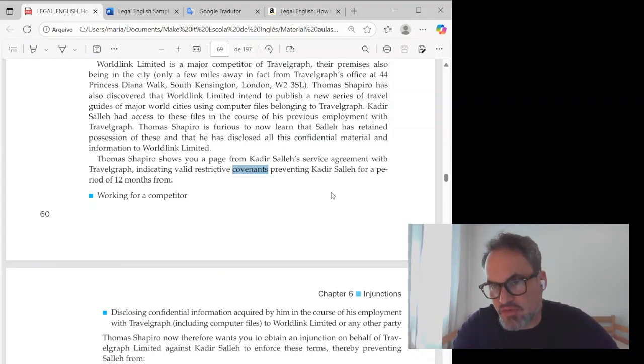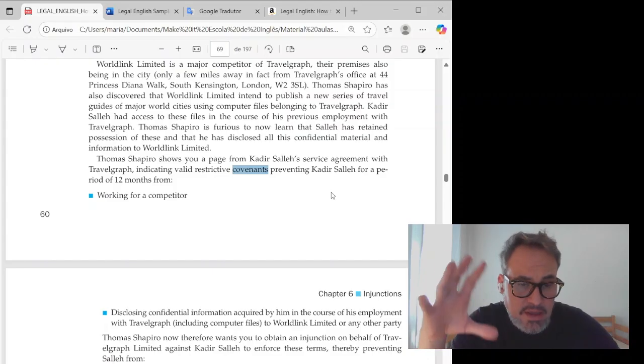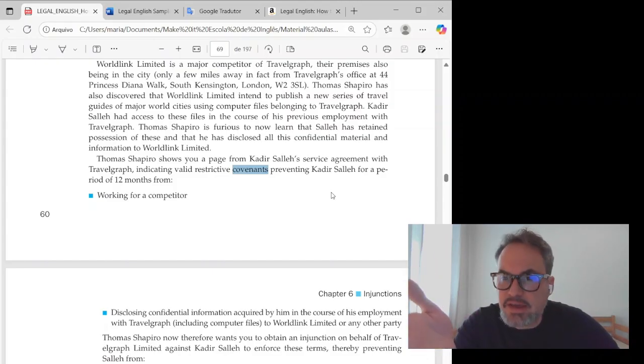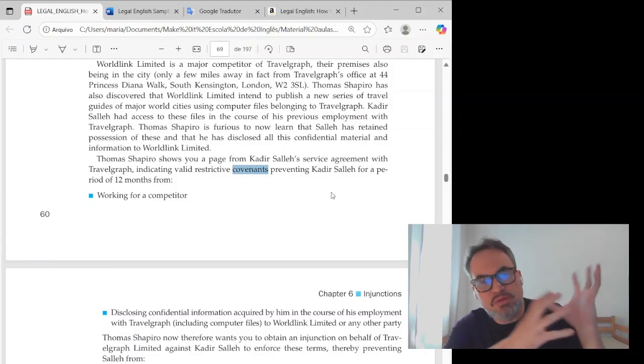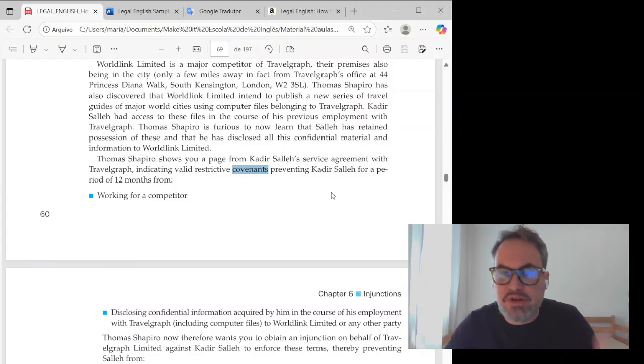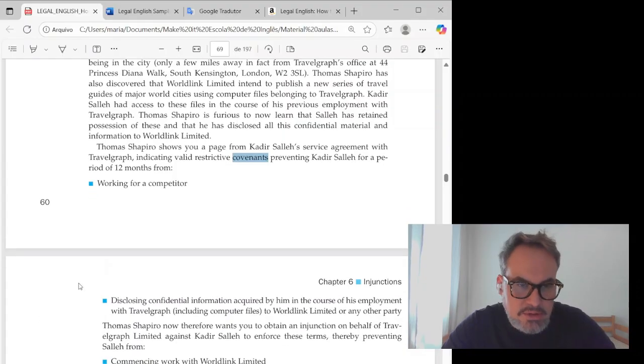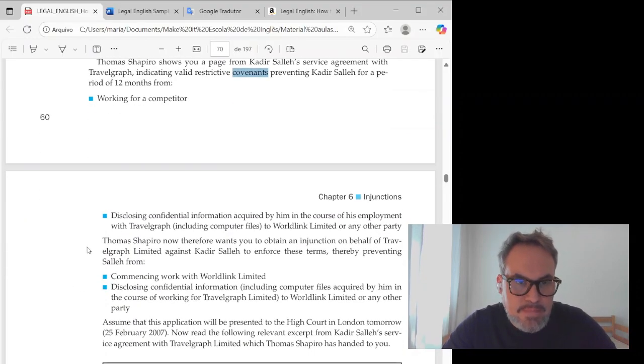For a period of 12 months after working for Travel Graph, and also prevented him from showing that information he got from Travel Graph to any other company, of course. These kinds of covenants are very common for companies like that.